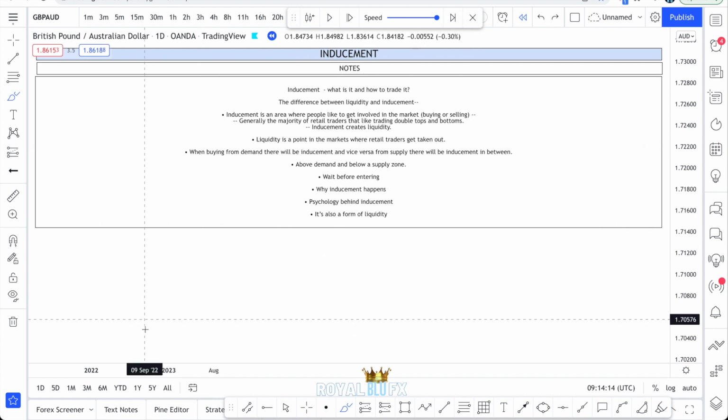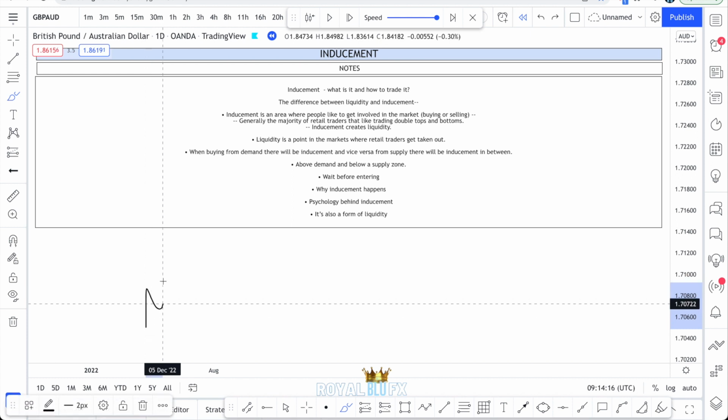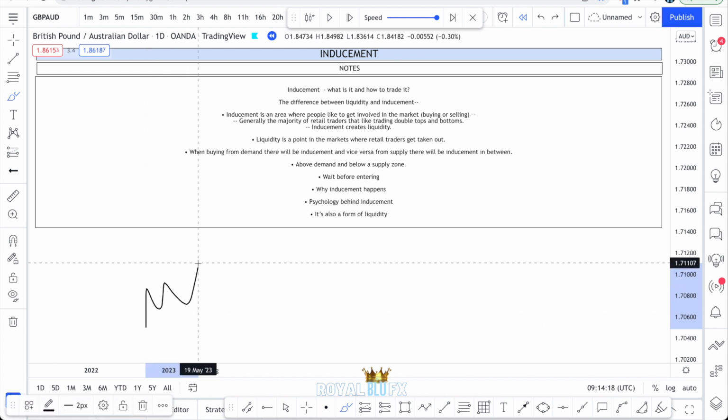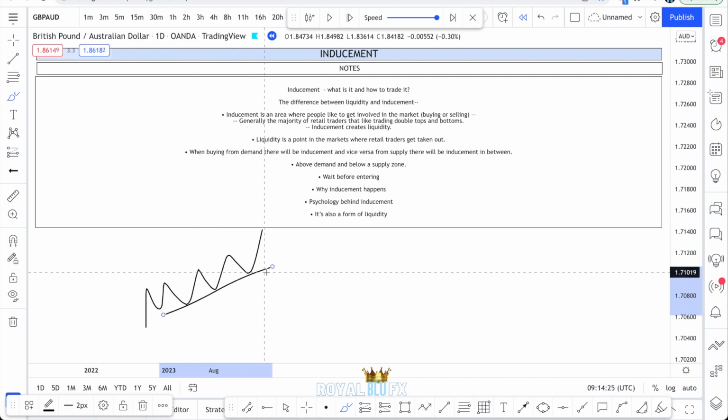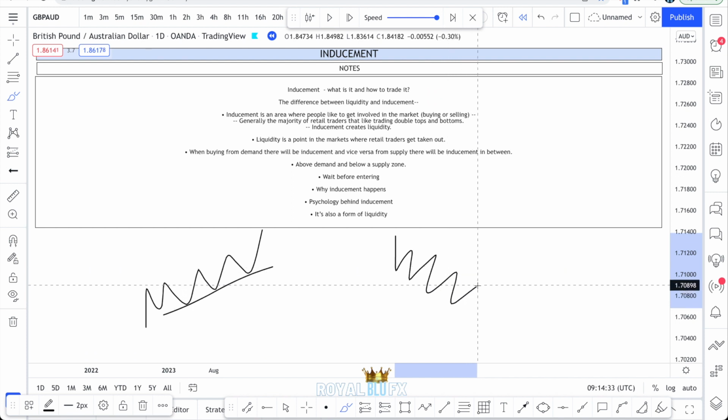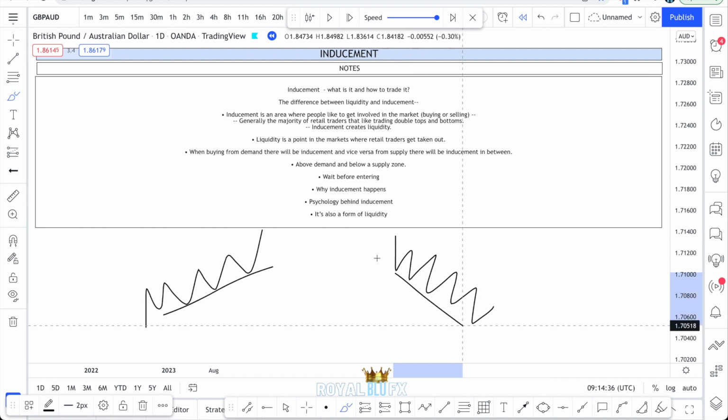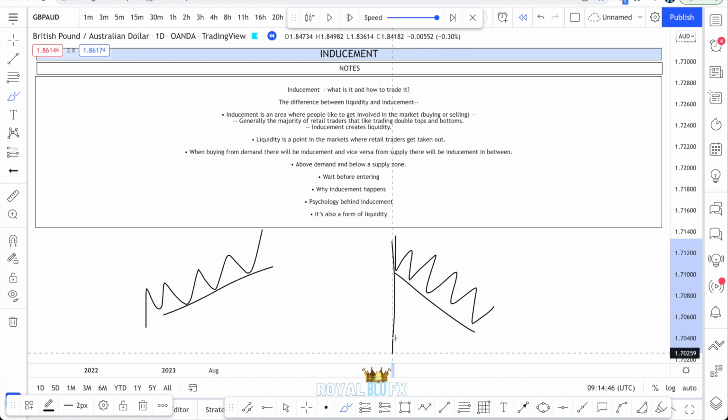Just like this scenario, let's use the trendline liquidity right here. When price is rising, everyone's buying here, and then here everyone is selling. So liquidity is again just an area where people are buying, they're seeing a pattern like this, and then liquidity is taken out from both buyers and sellers.